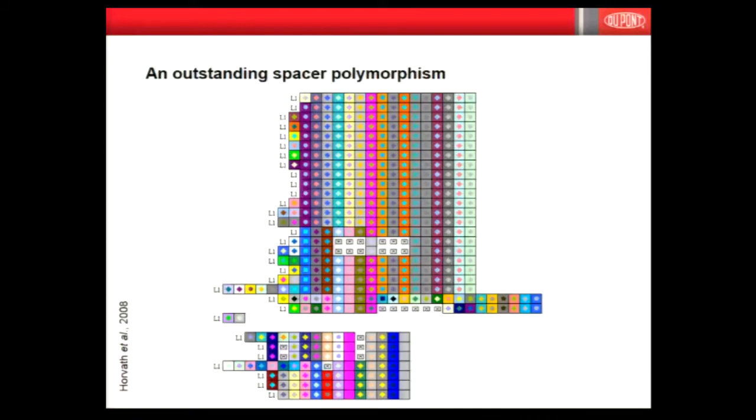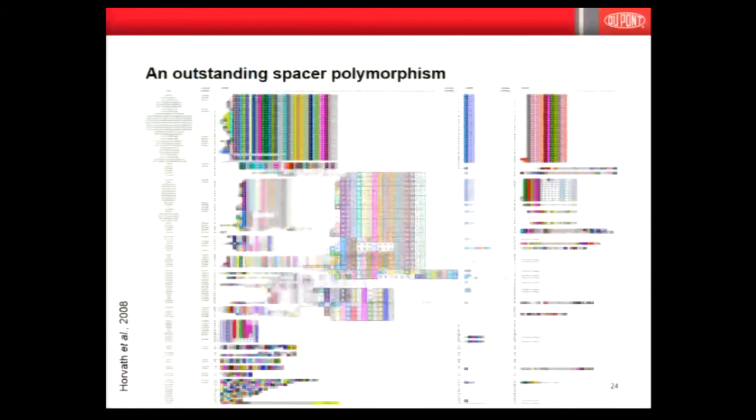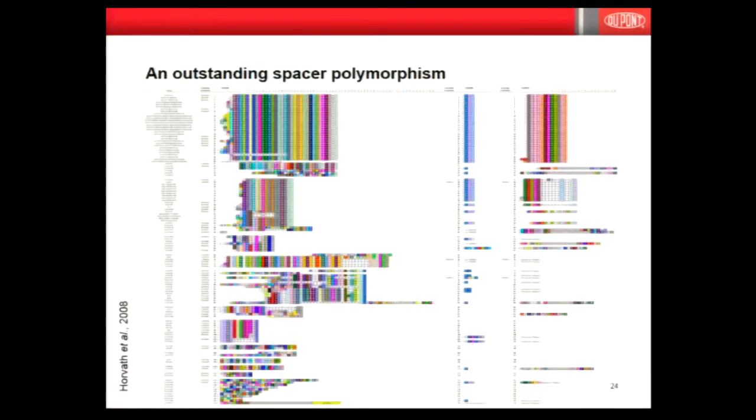At the leader end, you see an even more diverse set of spacers. We did this analysis for a lot of strains in our collection. This is the locus CRISPR-1. It's the most diverse, and it's also present in all the strains, which is very convenient when you want to do genotyping.